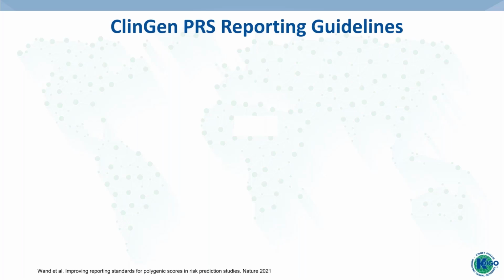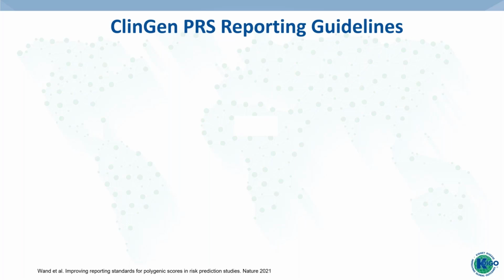So ClinGen has taken this on because they've noticed the promise of polygenic risk scores, but also a great variability in the way that polygenic risk scores are being reported in the literature. So in order to systematize the reporting and establish certain standards for PRS interpretation and also implementation and clinical practice, they recommended very specific stages in the development of PRS and related reporting elements.